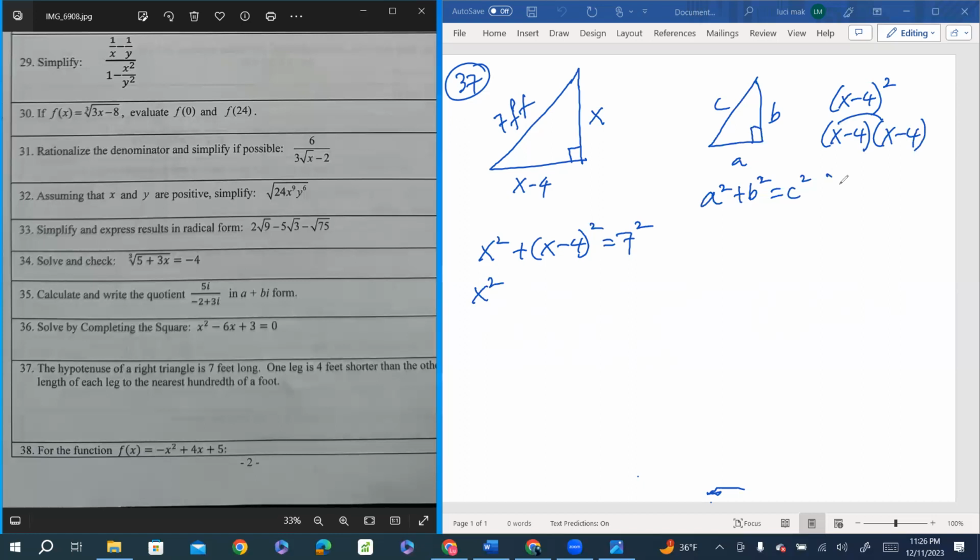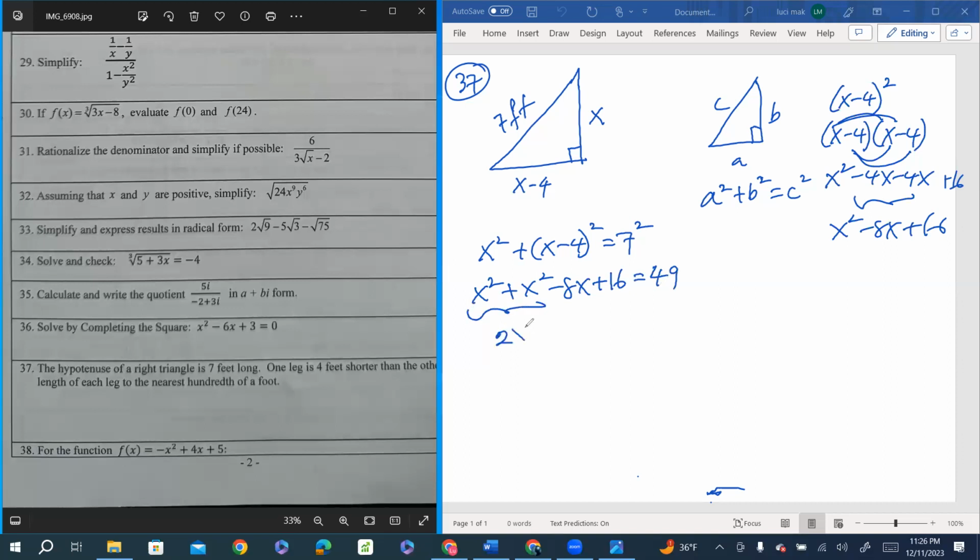X times x is x squared minus 4x minus another 4x plus 16. So you get x squared minus 8x plus 16. So we have x squared plus another x squared minus 8x plus 16 equals 7 times 7 is 49. So then x squared plus x squared is 2x squared minus 8x.